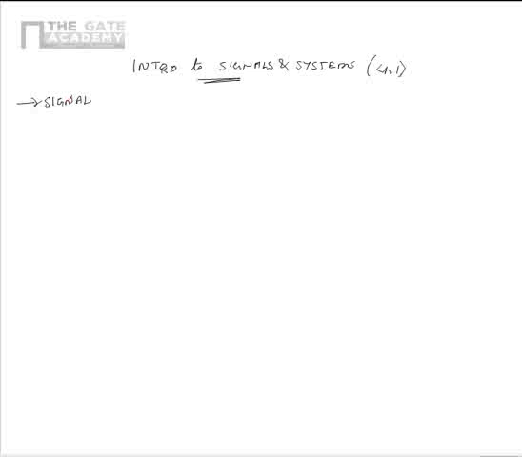A signal is defined as a function which conveys some useful information, and it is also defined as physical variation of one quantity with respect to other.